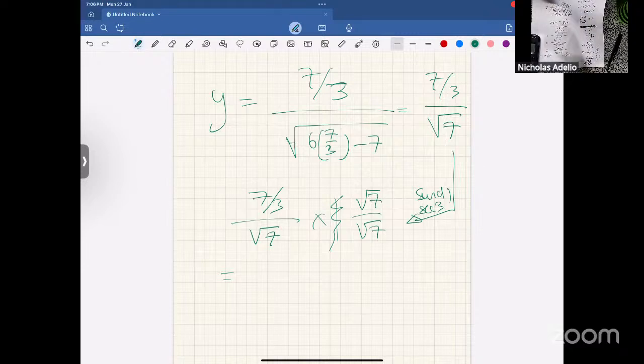It's a really annoying cert, man. I hate it when it's three fractions, a fraction over a fraction over a fraction.